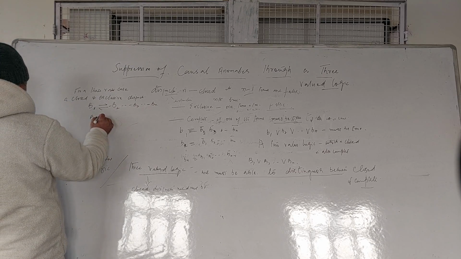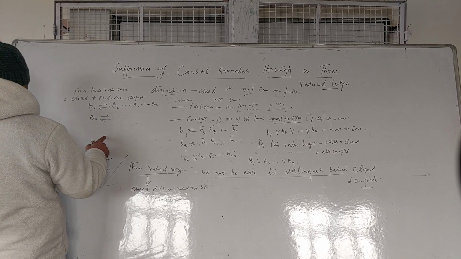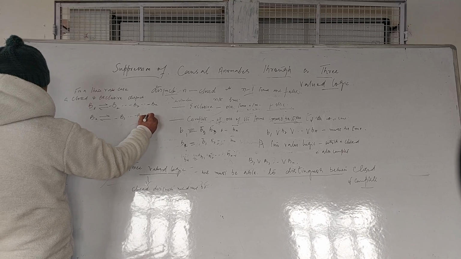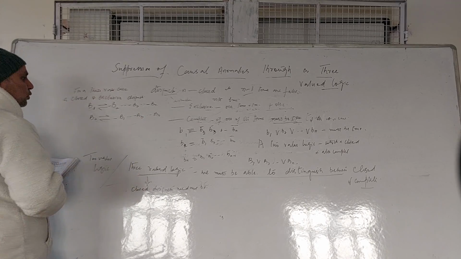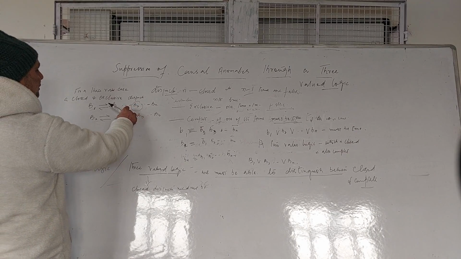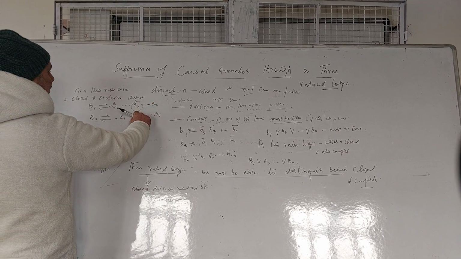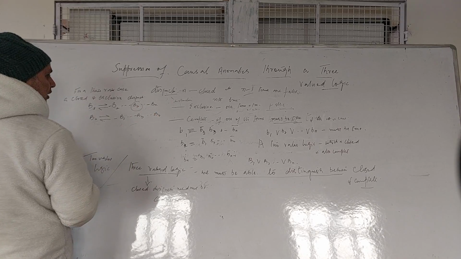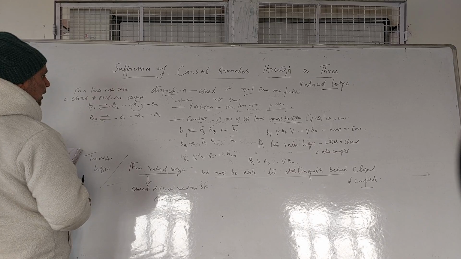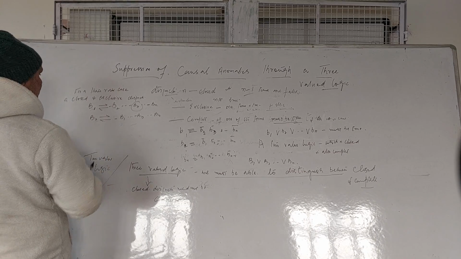B2 implies minus B1 minus B3 minus Bn. In case the n minus 1 terms are false, this one is true. For a statement to be closed, and for it to be complete, one of the statements must be true.